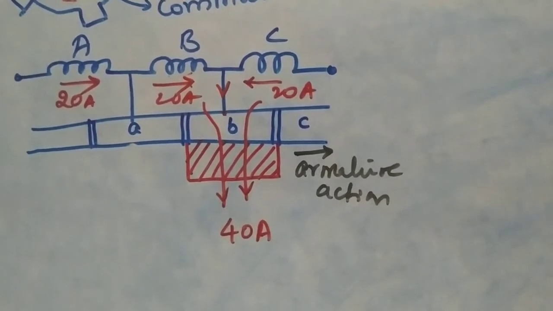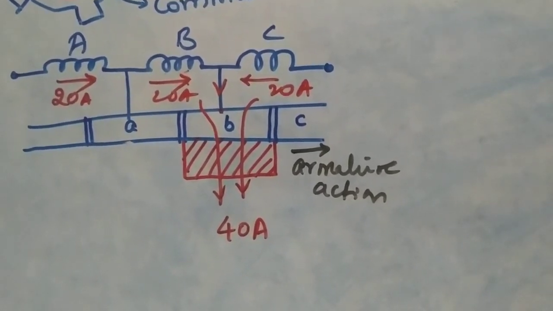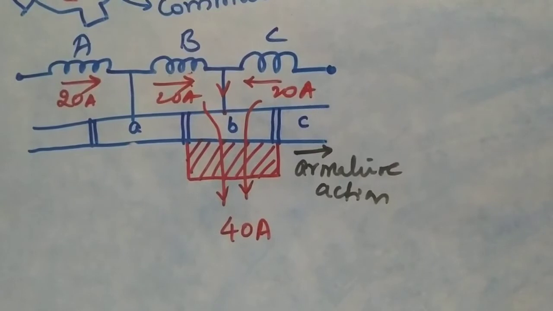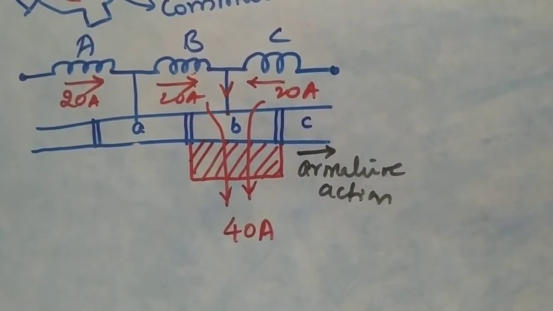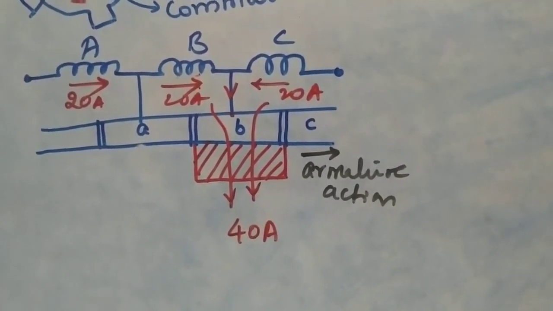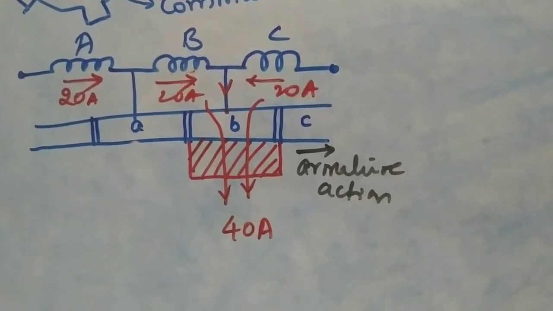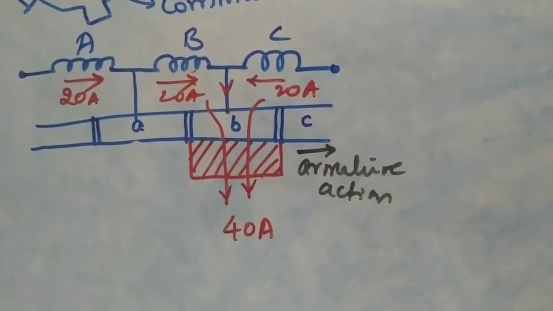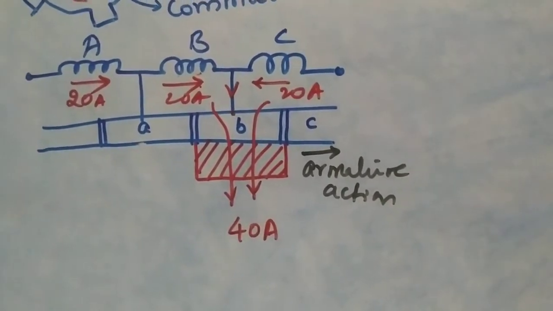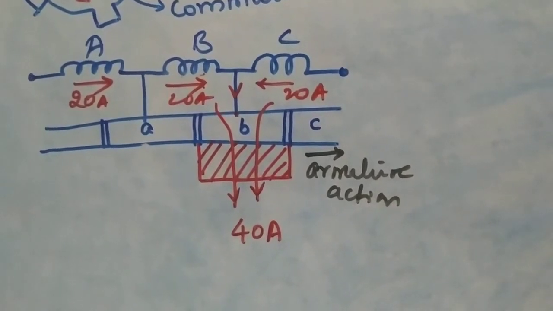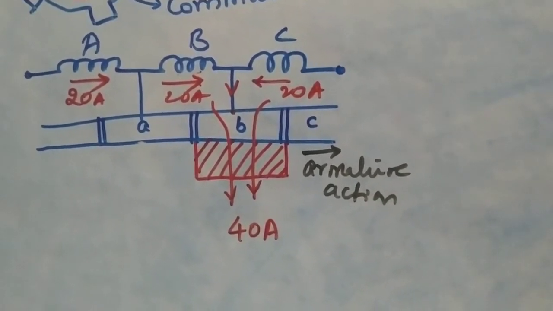Before the coil B is short circuited, it belongs to the group of coils lying left of the brush. So here it is carrying a current of 20 amperes from left to right. Fine.